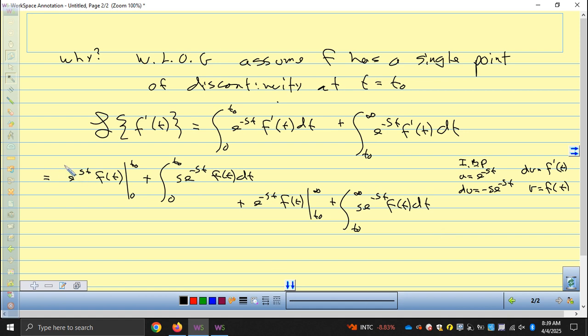So this is our first integral here. This is our second integral here.